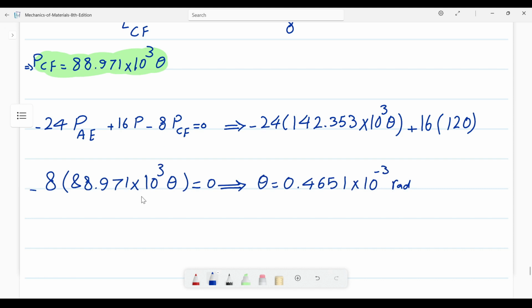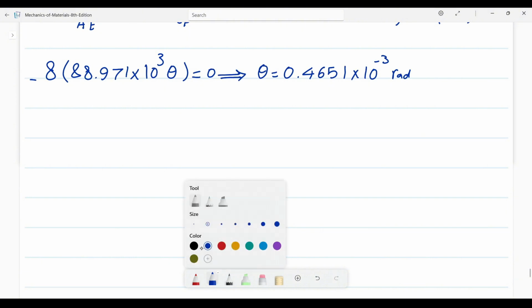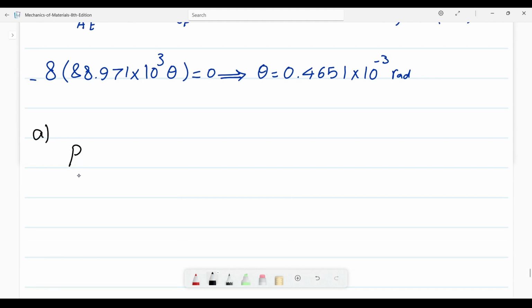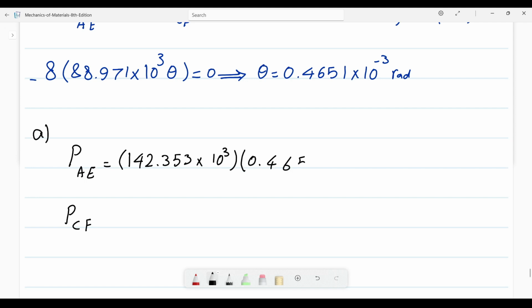And now it's time to achieve PAE and PCF. PAE is equal to 142.353 multiplied by 10 to the power of 3 theta, where theta is 0.4651 times 10 to the power of minus 3.